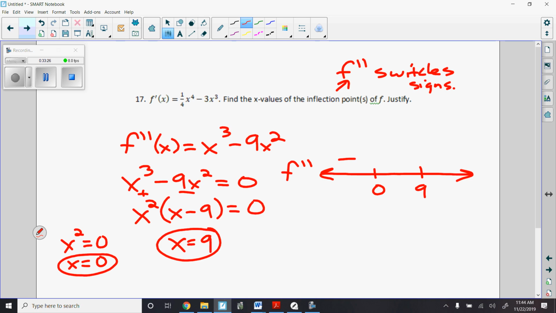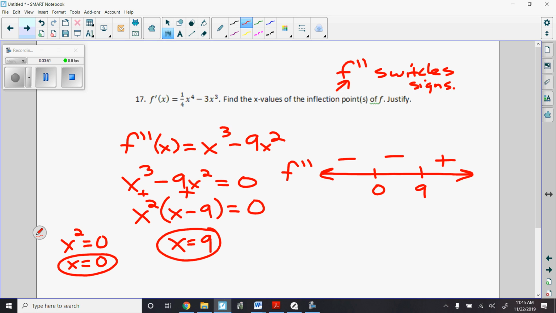Now I'm going to try the number positive 1. 1 squared is still positive. 1 minus 9 is still negative. So nothing changes, and I'm left with a negative here. By the way, right now I can tell that x equals 0 is not an inflection point. All right, now I need to try a number to the right of 9, so I'll use 10. 10 squared is positive. 10 minus 9 is positive.